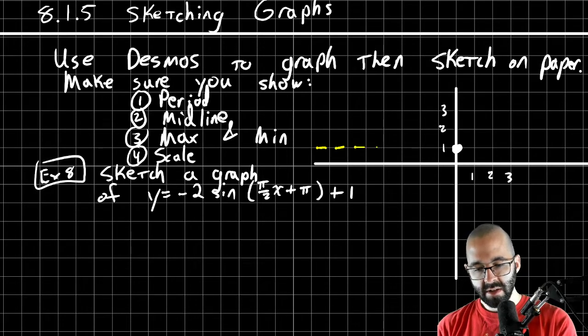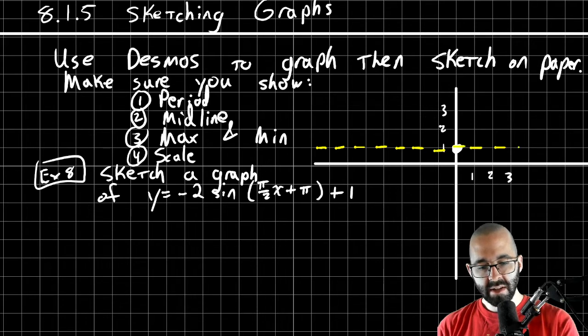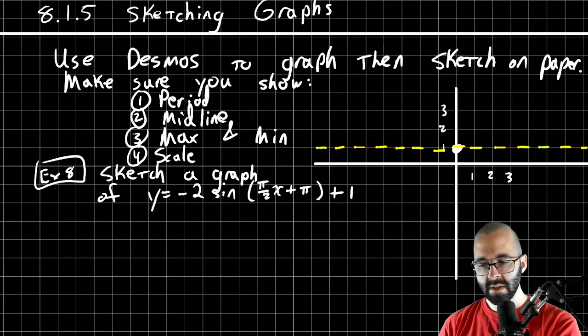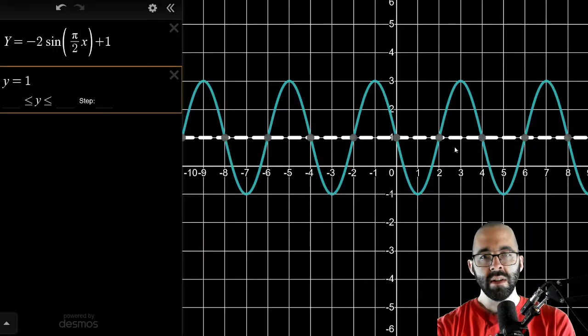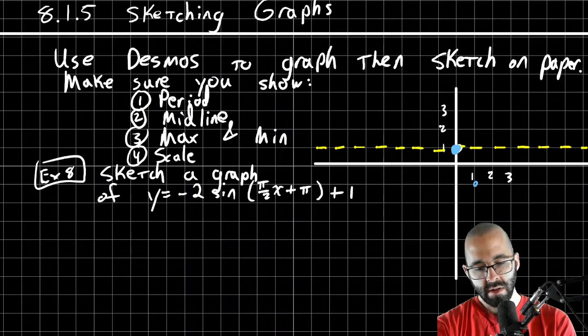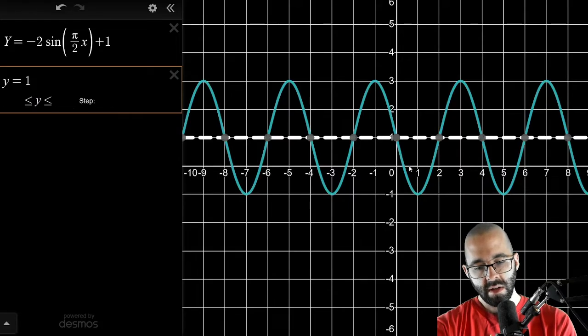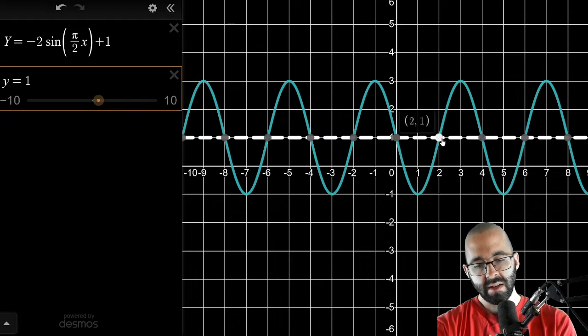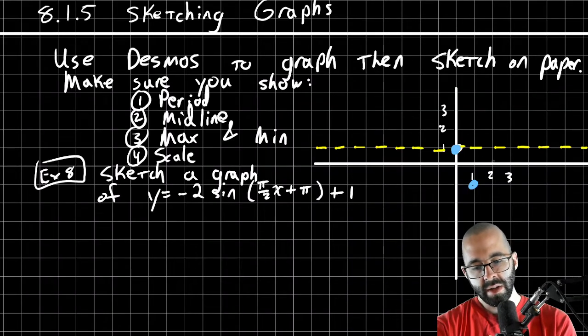It's this horizontal line. Half of our graph should be above this, and half of our graph should be below this. And actually, let's do our graph in blue. Starting at 0, 1, we get to our minimum at 1, -1. And then we go back to the midline at 2, 1.